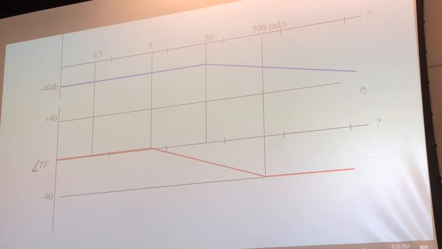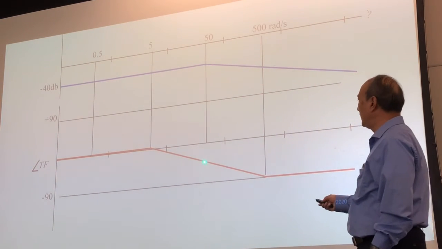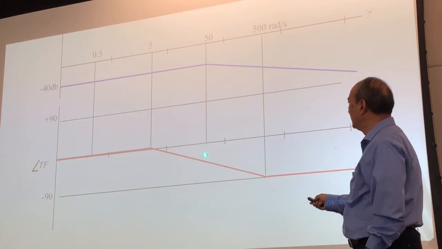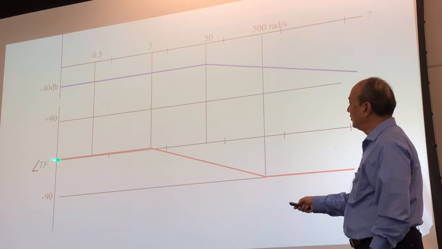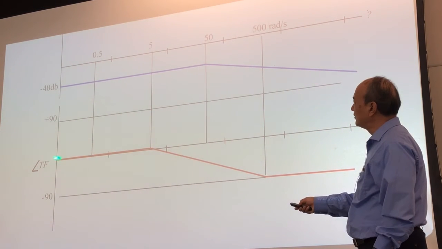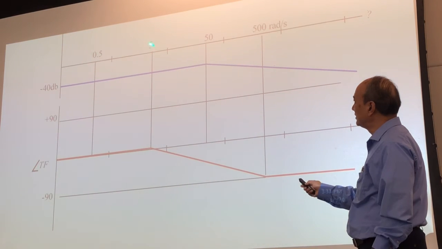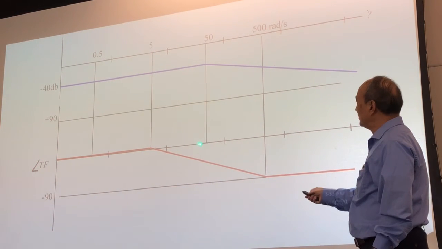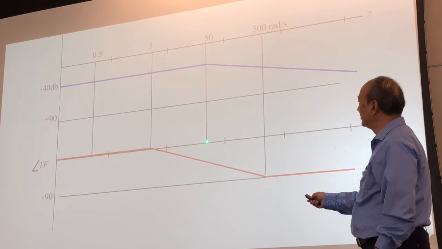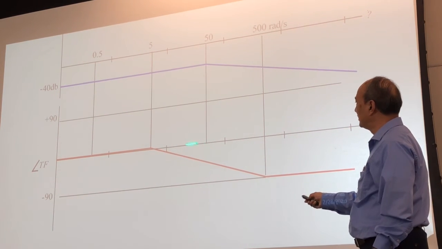But remember, when I have a corner frequency 50, then I should correspond to minus 45 degrees. And because the constant will give me what? They give me 0 degree. So I still have 0 degree until omega divided by 10, not until this corner frequency.